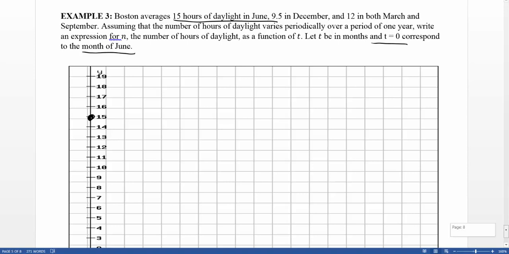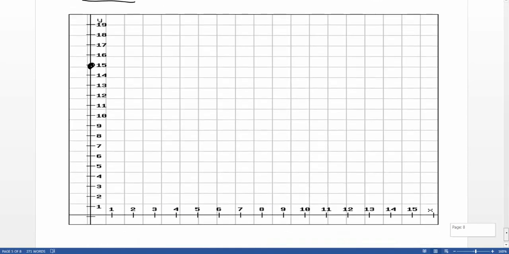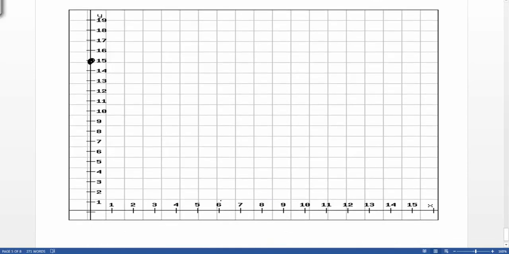So t equals 6 is going to give me 9.5. I'm going to go up to roughly 9.5, about here. I also know that I'm varying periodically throughout the year, which means 12 months later, I'm back in June. I should be back up to 15.